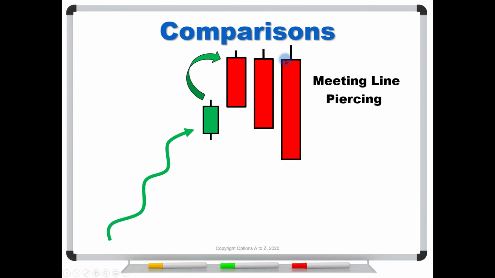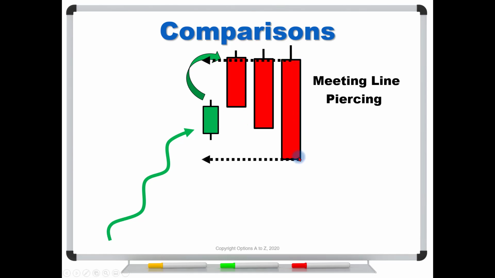We might see a gap up like this, find that the stock reverses during the day, and the closing price actually sits well below the body of this green candle. In most cases, we'd like to see it sit below this bottom shadow as well. But as long as it's certainly covering this green candle, or what we call engulfing, that's what we're looking for. So take a look at the body of this red candle.